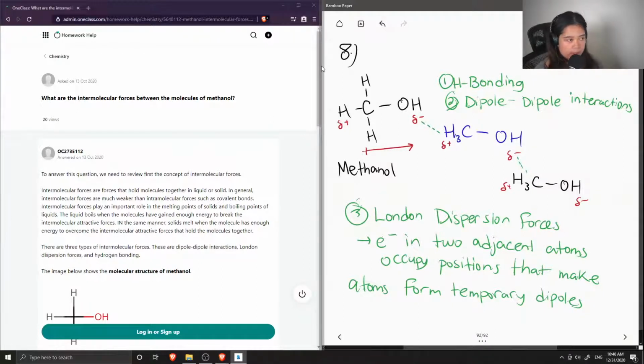Okay, so these are 3 different types of intermolecular forces that can take place between the molecules of methanol.